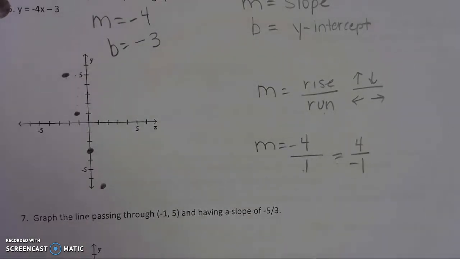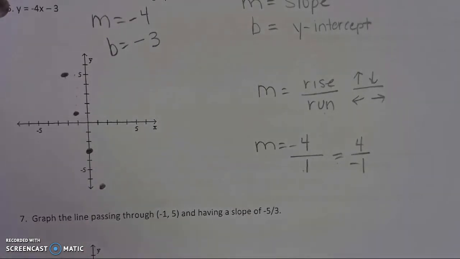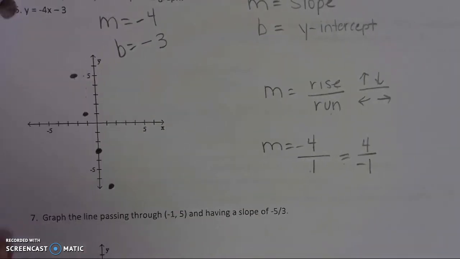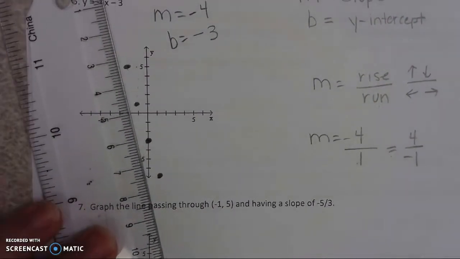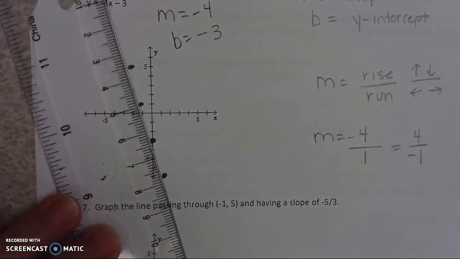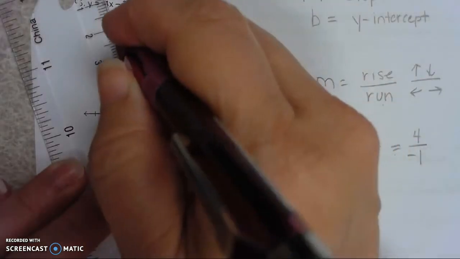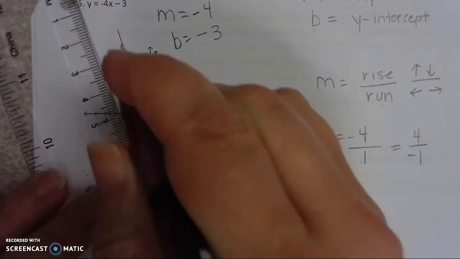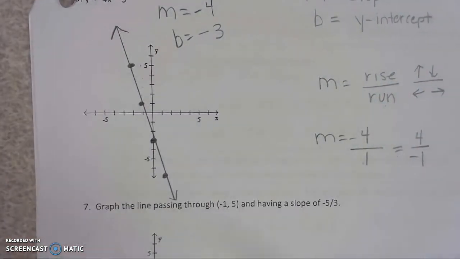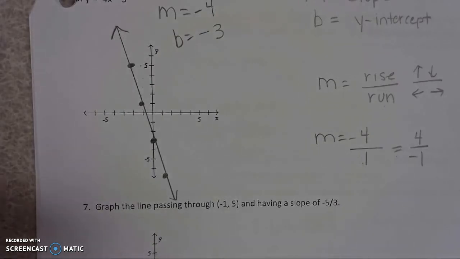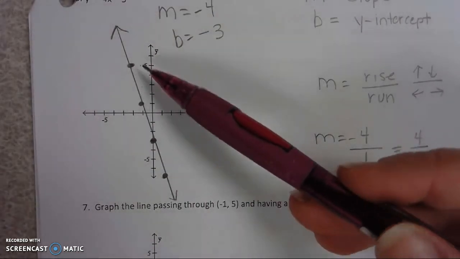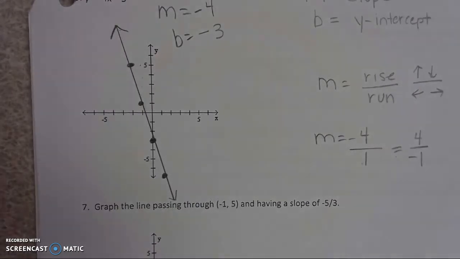You should see how these points begin to form a straight line, and you can connect them. Remember making sure to go all the way through, with arrows on each end. And if you were to make a table, you would see that these points would fall in that table.